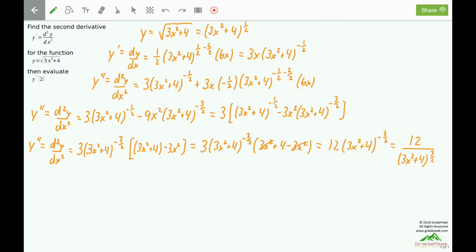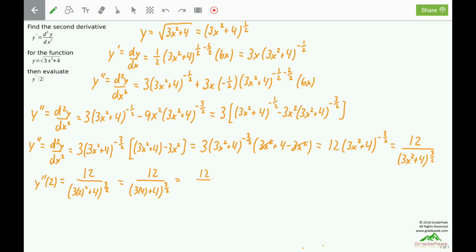All right, there's a simplified version of the second derivative, y double prime, or d squared y dx squared. The next thing to do is evaluate y double prime of 2, which means to plug a 2 in for each of the x's. So we will have 12 divided by 3 times 2 squared plus 4 to the 3/2. 2 squared is a 4, so 3 times 4 plus 4 to the 3/2.